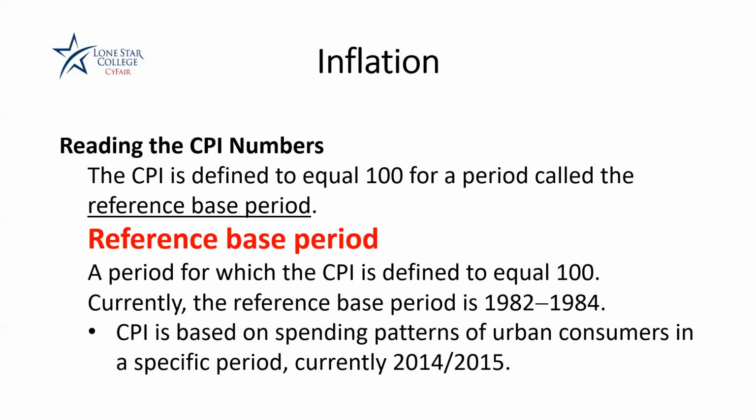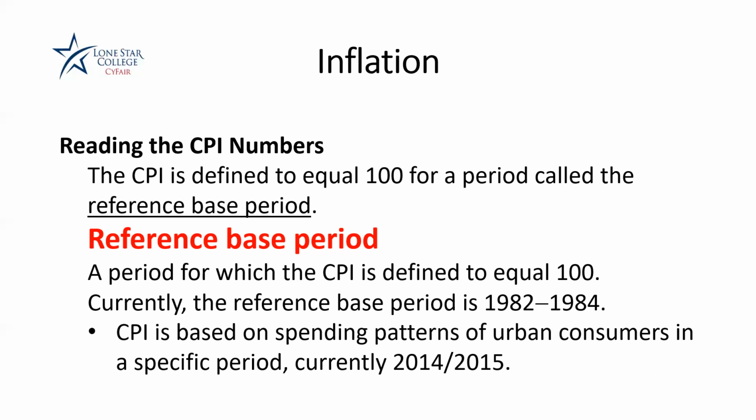So anytime that we want to compare the CPI of, let's say, 2021 and see what happened to the cost of living, we can compare the current CPI with this 100 and see how much the average prices changed.